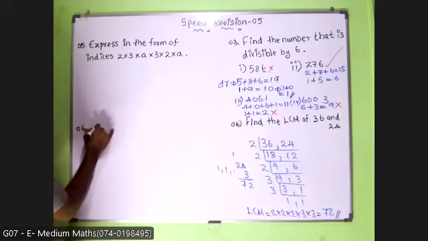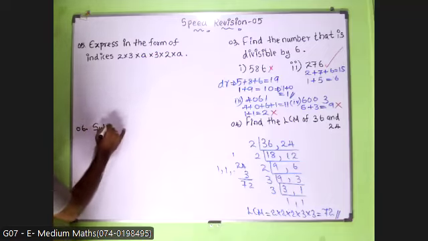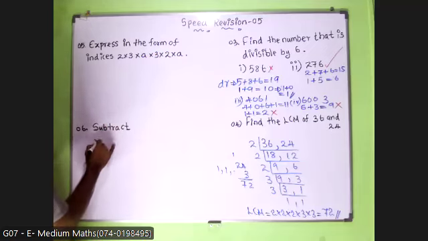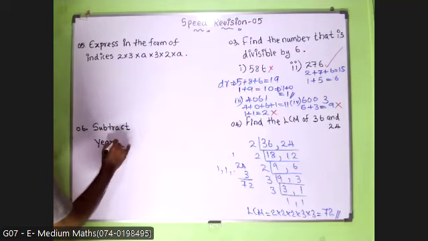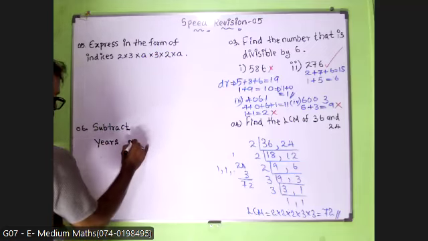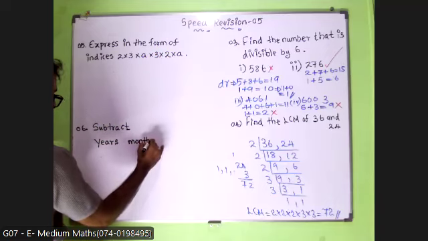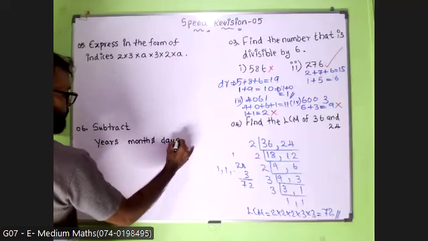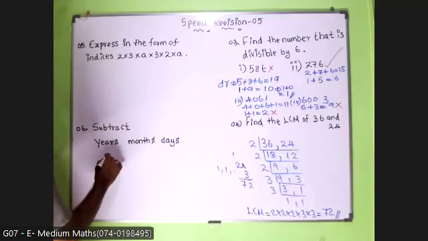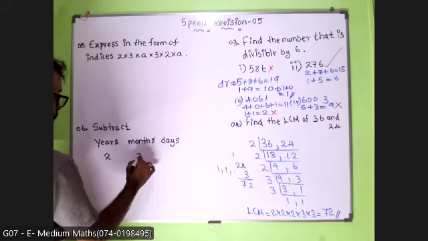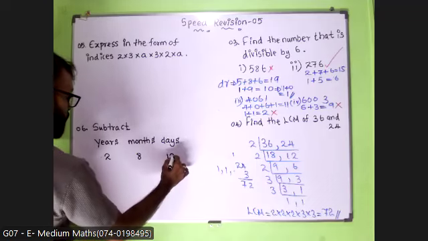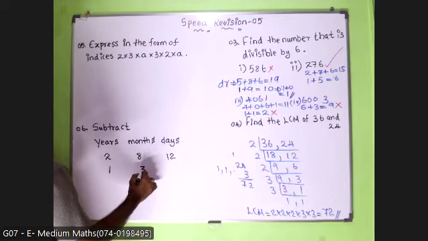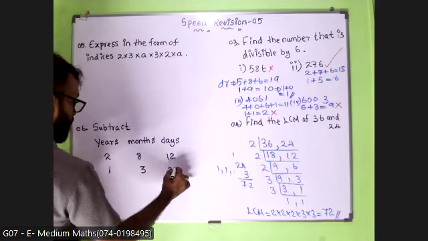6. You have to subtract the dates. Years, month, day. 2, 8 months, 12 days. 1, 3 months, 20 days.